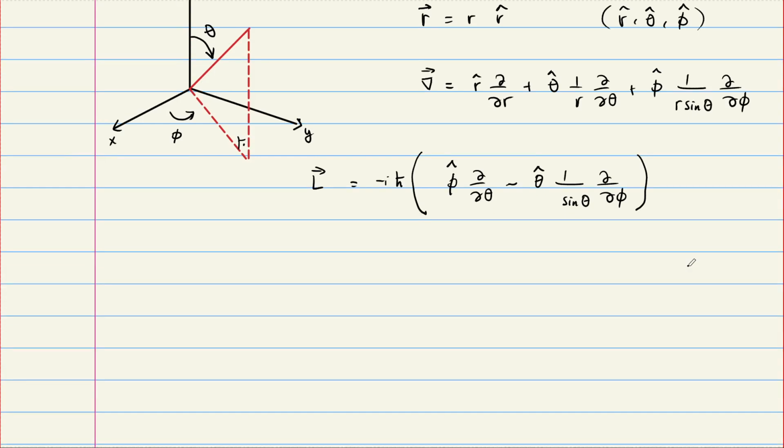You can also do the inverse, right? You can go from r, theta, phi to x, y, z coordinates.